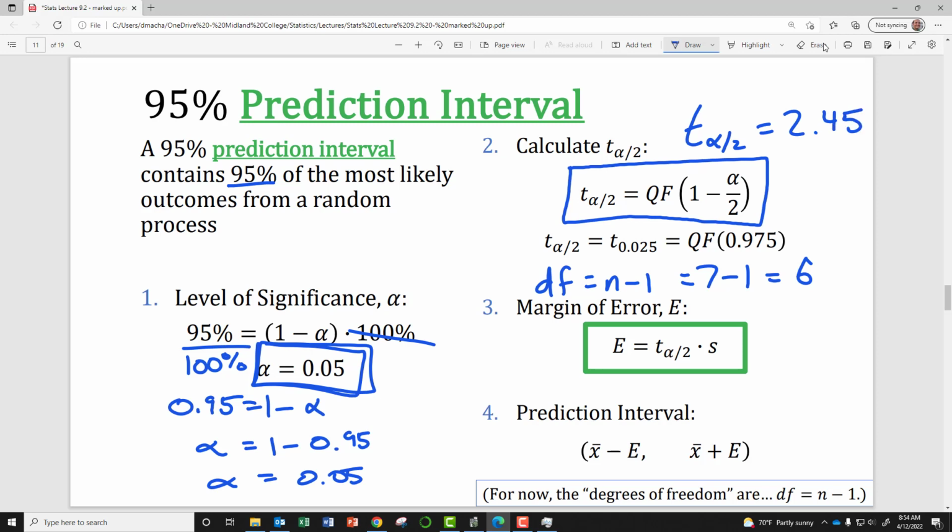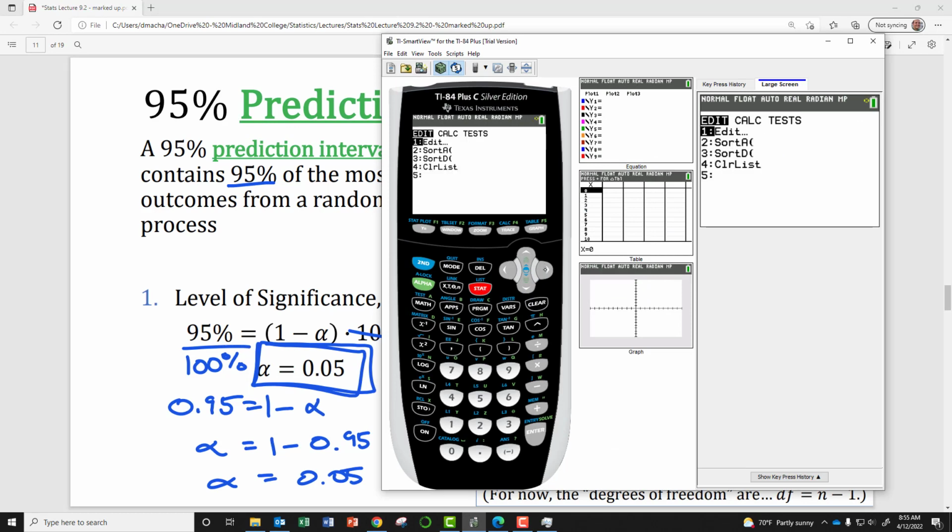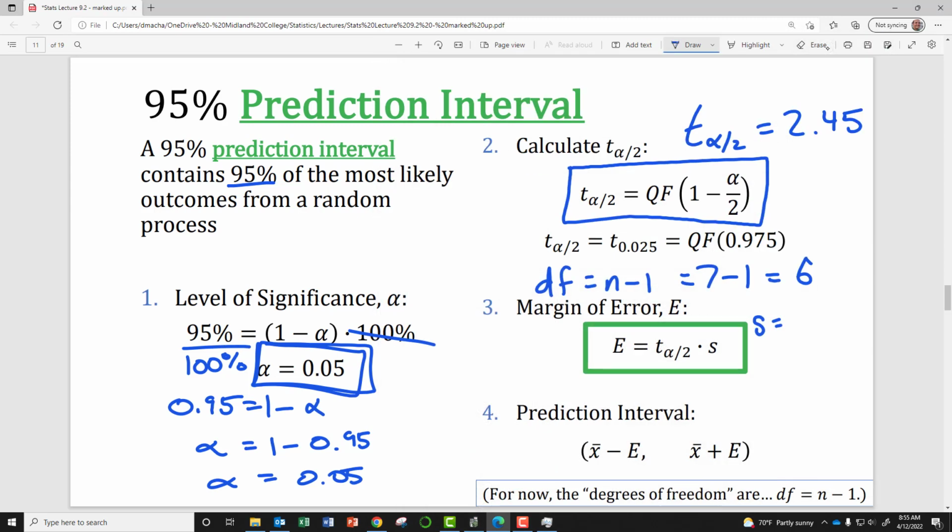My margin of error is going to be that times the standard deviation of my underlying distribution. My calculator tells me that if I go to stat and over to one variable statistics, my standard deviation should be, let's see, 2.82.